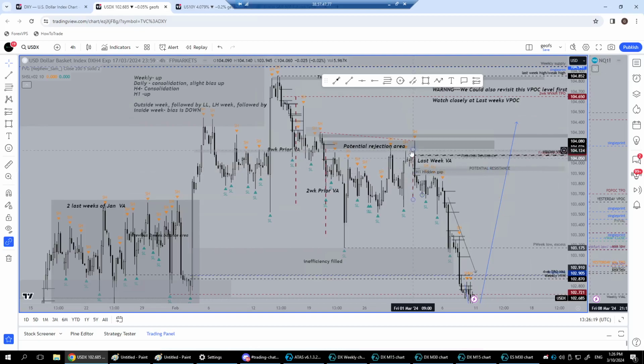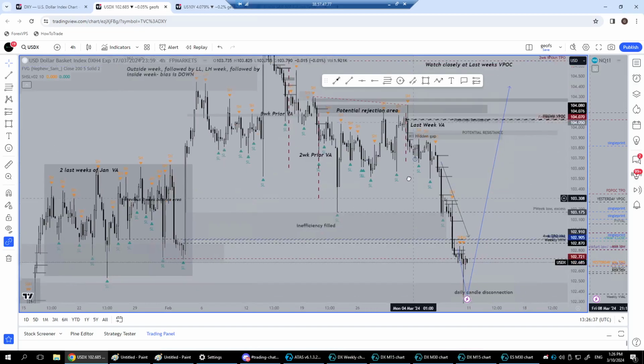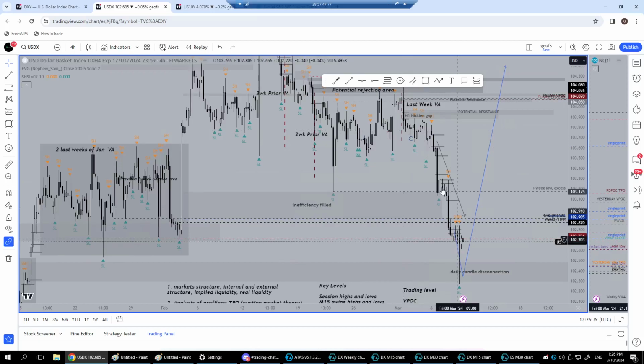This was an inside week. So when you get an inside week during a trend, or an inside day for that matter, that's a continuation indication. Okay? So downtrend, inside week, and continuation downward. So that forecast in the dollar was correct.